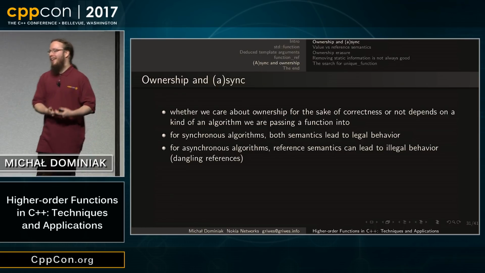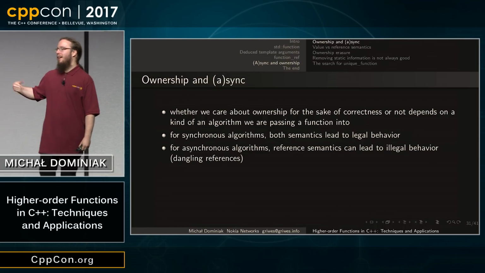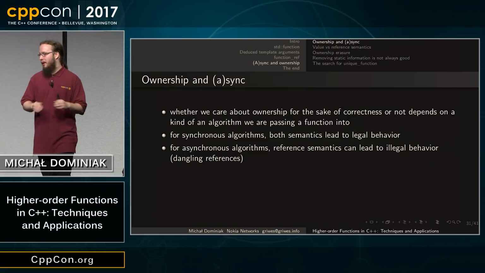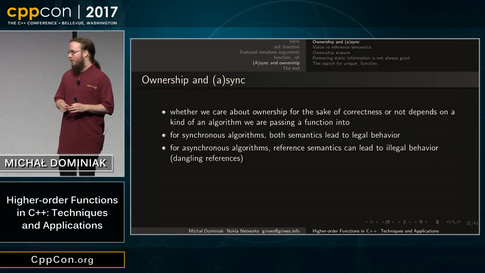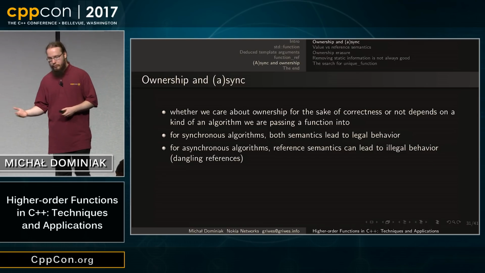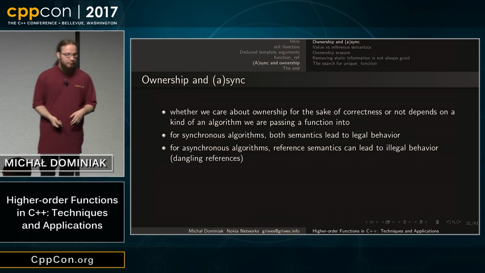If we can guarantee that the thing that we are passing via reference will be alive for the entirety of time it needs to be alive for, everything is fine. We can pass by reference. It's cheaper. We allocate less memory. We don't have to copy stuff around, and so on and so forth.